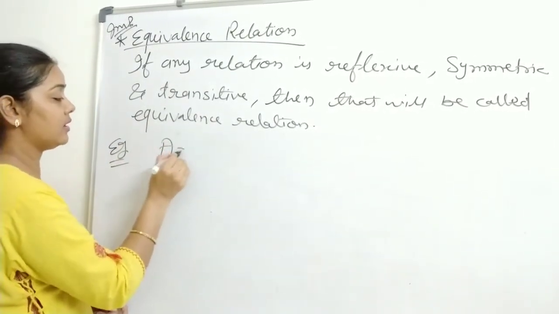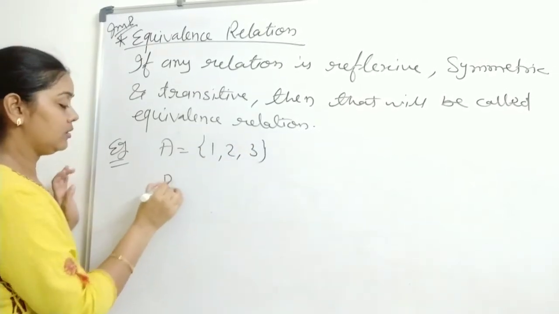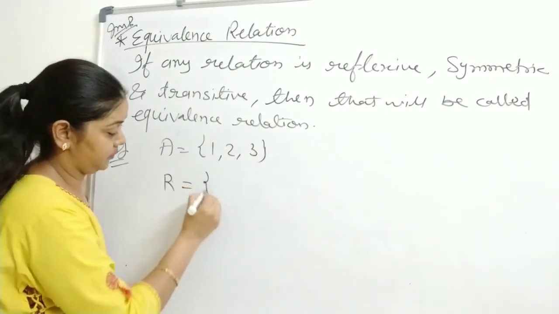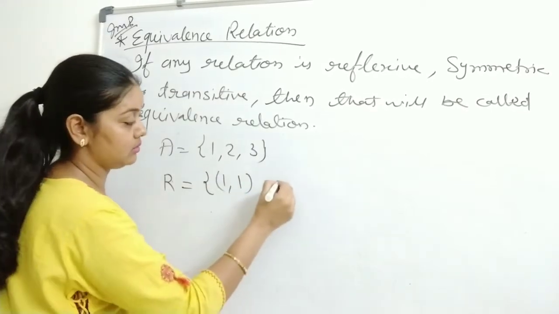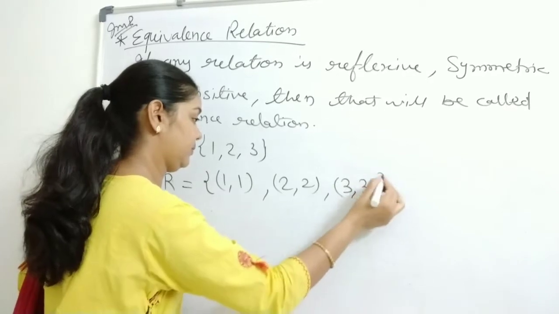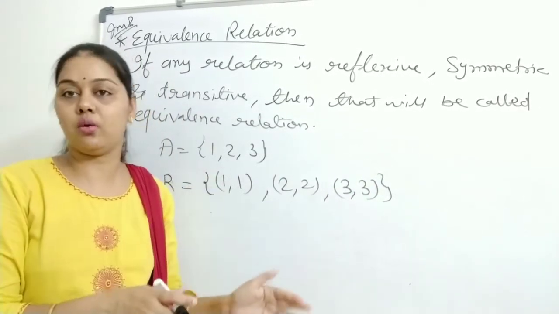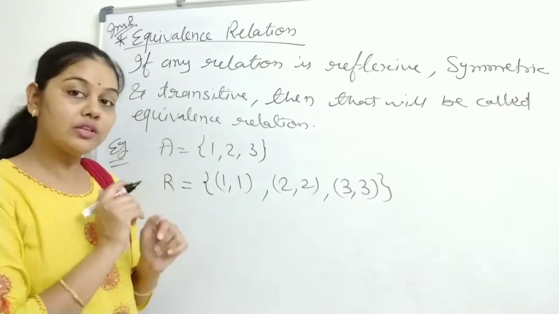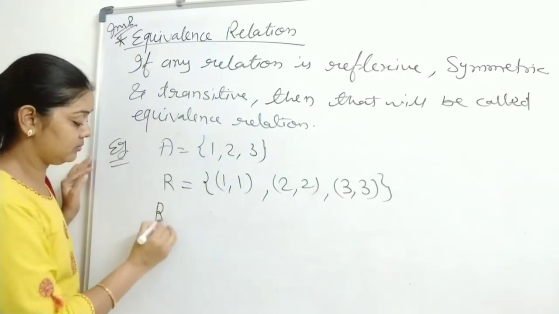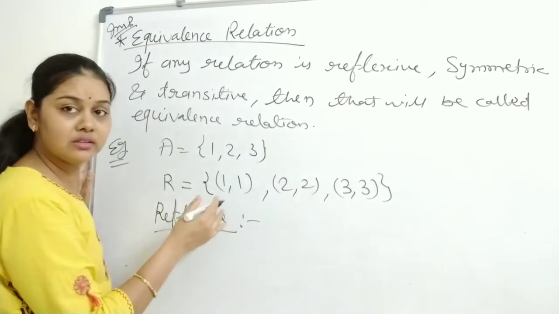For example, if I'm given a set A, elements are 1, 2 and 3, then relation R = {(1, 1), (2, 2), (3, 3)} is the smallest equivalence relation. First condition, reflexive. Look at this.